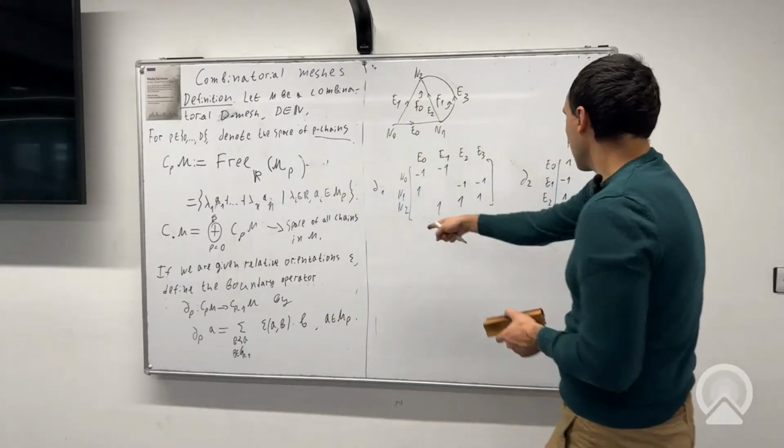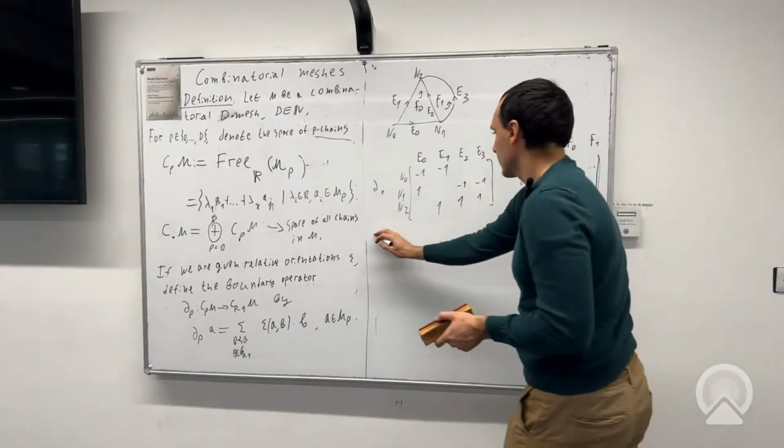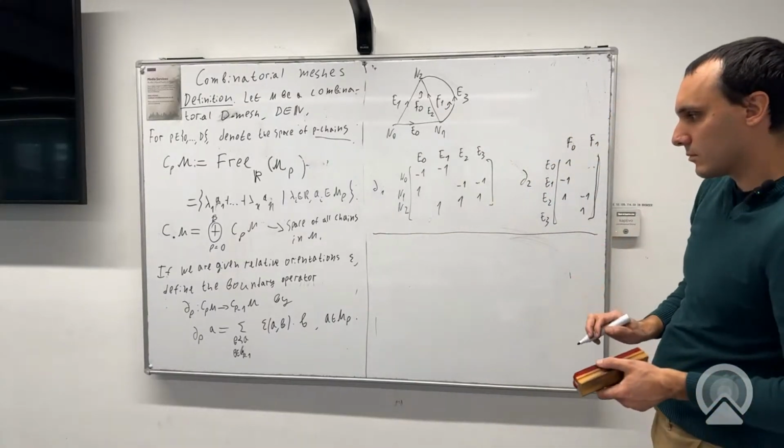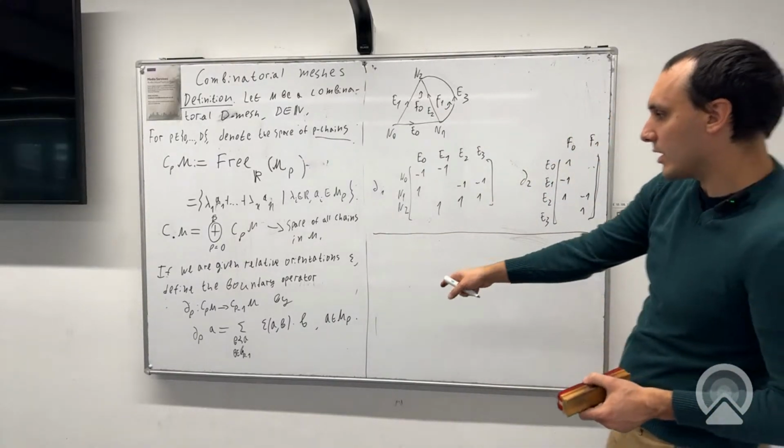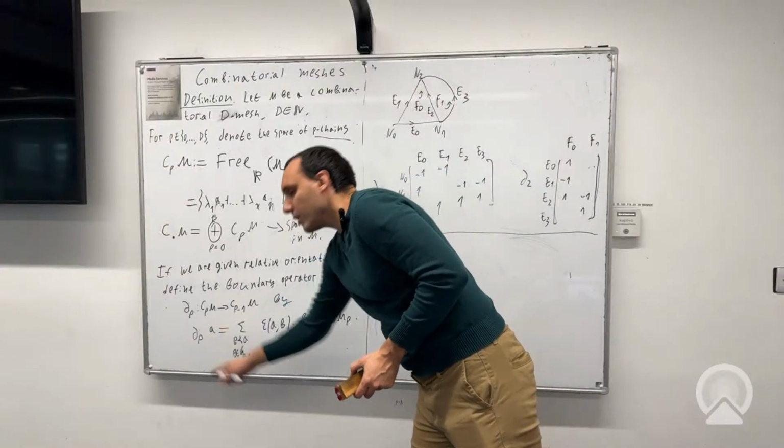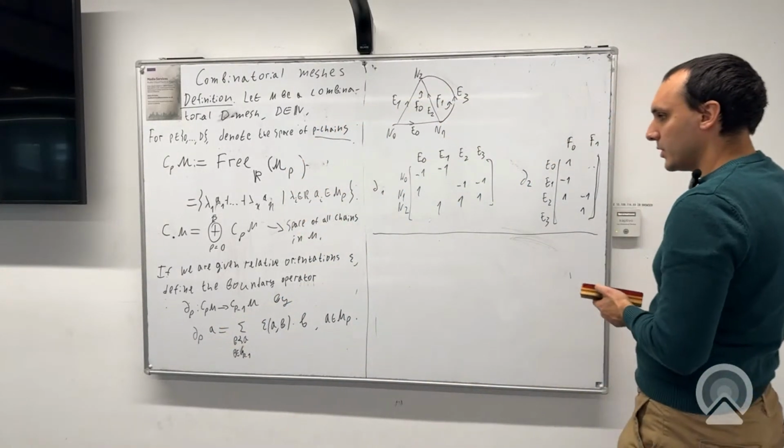Now let's make an example. The input is a P-chain and the result is a P-minus-1 chain.